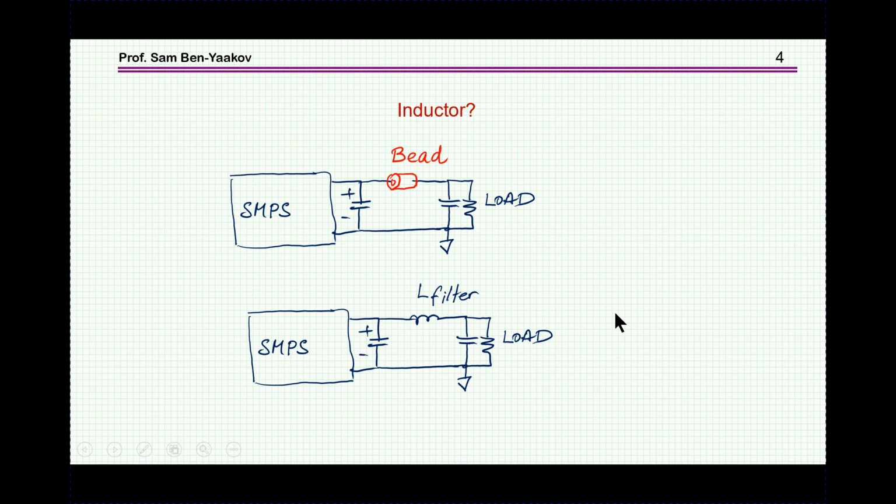Now there is a common misconception that the bead acts like a filter, like an L, like an inductor. So you have one turn, there's a ferrite, so it's like an inductor. This conception is wrong, because in fact this is something you don't want. If you have an inductor, especially in a switch mode power supply, the losses are low in the system, and consequently the Q, the quality factor of this resonant network, is bound to be high.